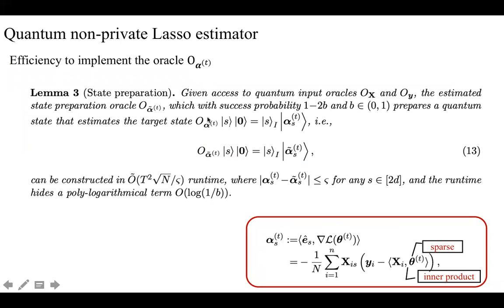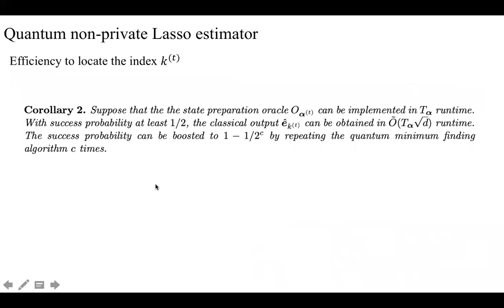As for the implementation of the oracle O_alpha t, its runtime complexity scales with t squared times square root n. And as for the runtime complexity to find the index kt, the result of the quantum minimum finding algorithm implies it scales with the square root of the feature dimension d times the runtime to prepare the oracle.